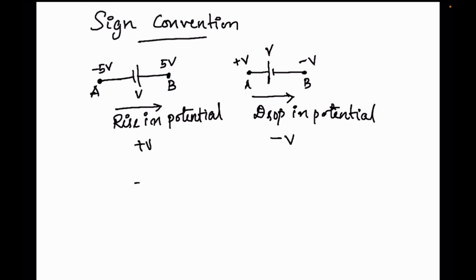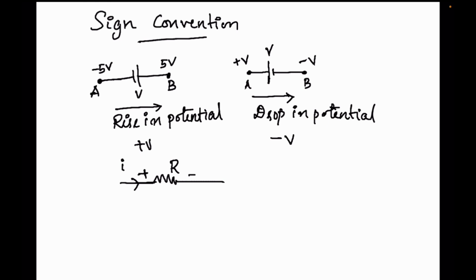And if we are having a resistor R, and there is no sign convention given in the question, we will usually assume the direction of the current as this. Suppose we are assuming, then this side will be plus and this will be negative.